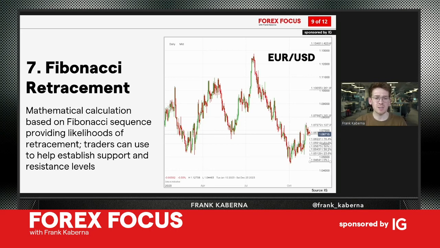Fibonacci retracements are mathematical calculations based on the Fibonacci sequence that you can apply to your chart. You can see on that right rail of prices, it points out prices and different probabilities of the market retracing lower or retracing higher based on historical prices and the Fibonacci sequence.